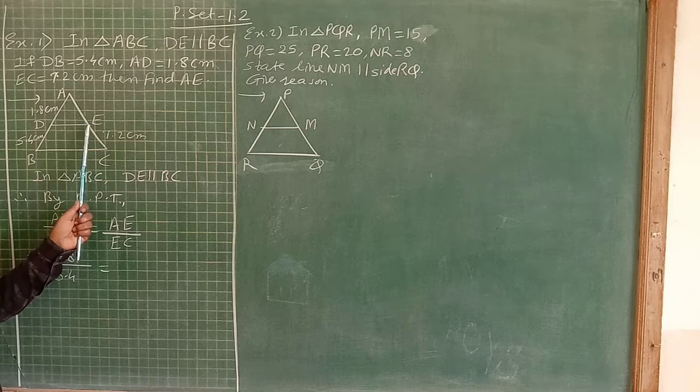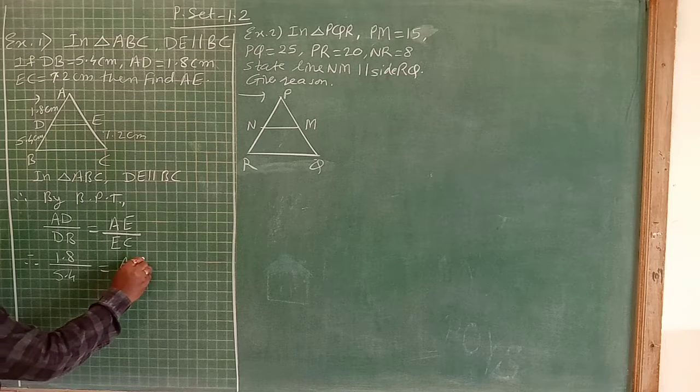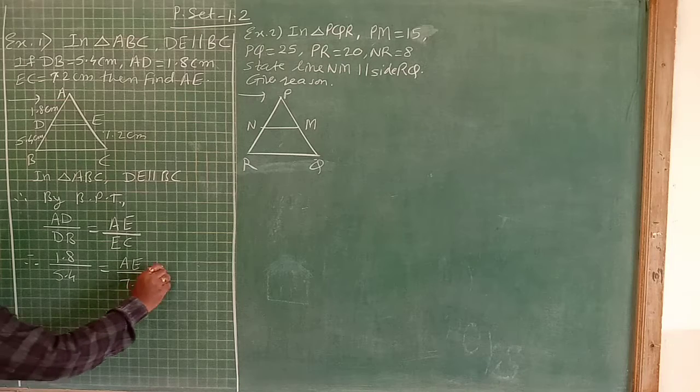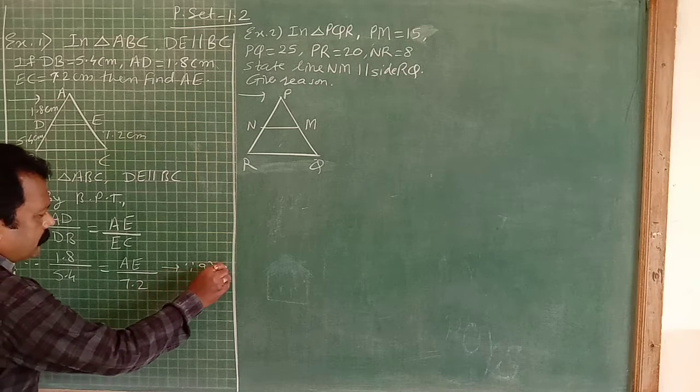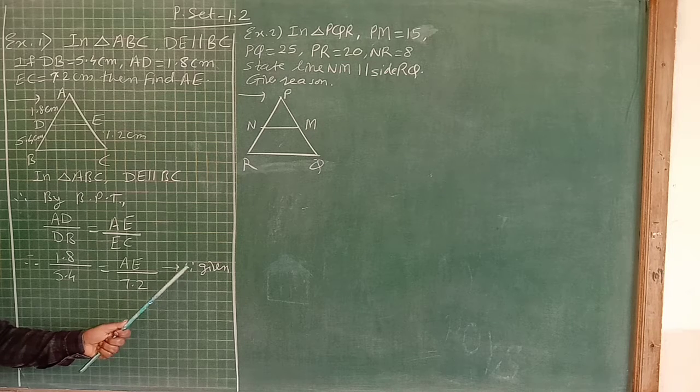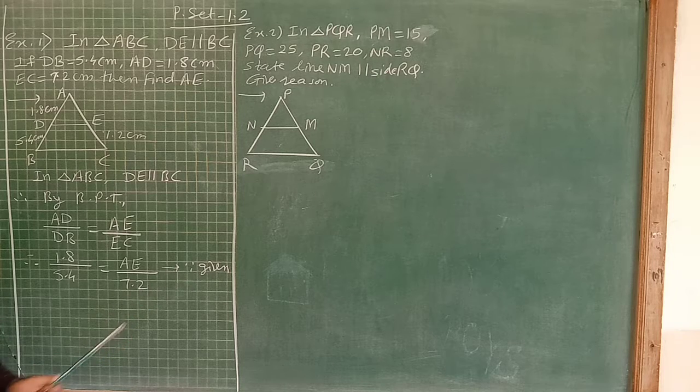AE is what we want, nothing given. EC was 7.2. From where did we get this? Given. So write the reason: since given.